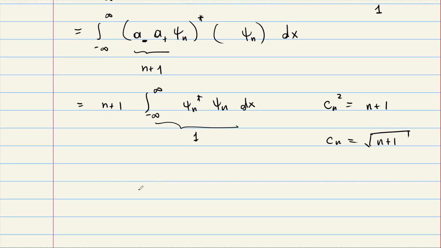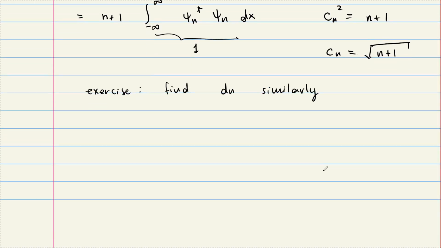Therefore, what we found is, let me see if I skipped anything. Okay, exercise: find Dn similarly. No, it is not. Let me write the result and try to verify that. So A plus acting on psi n is going to give you root n plus 1 psi n plus 1. That's why it's safe to not assume anything.